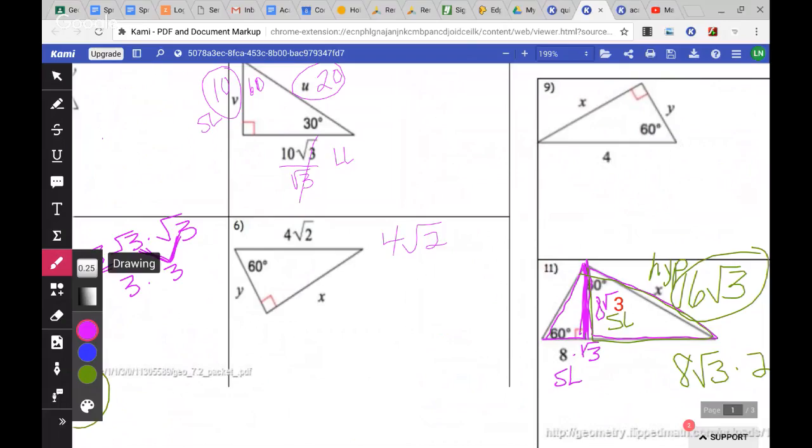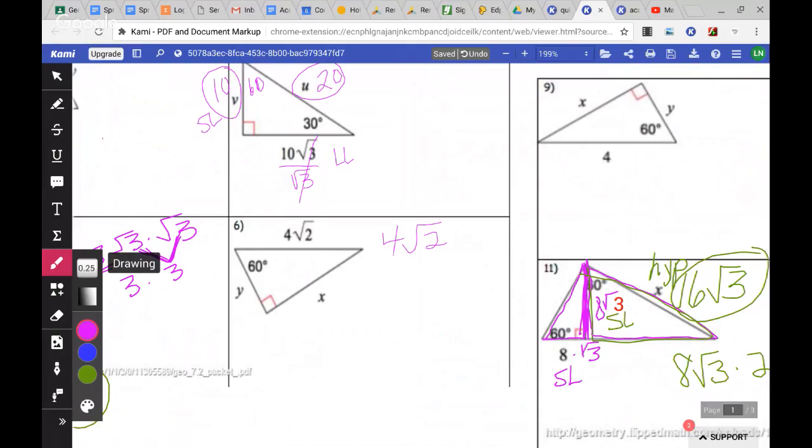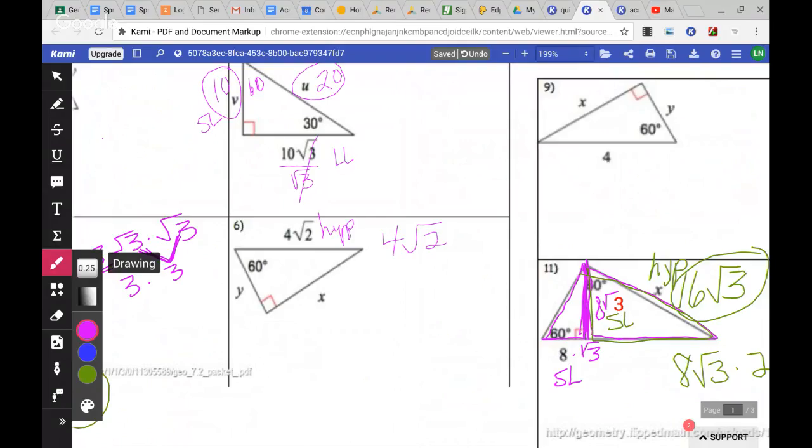So I got to trying to divide the hypotenuse, which is 4 root 2, and I divided that by root 3. No, no. Okay. Could you walk me through this one? Sure. You said it's the hypotenuse, right? Yes, ma'am. What's the magic number that's related to the hypotenuse? 2.